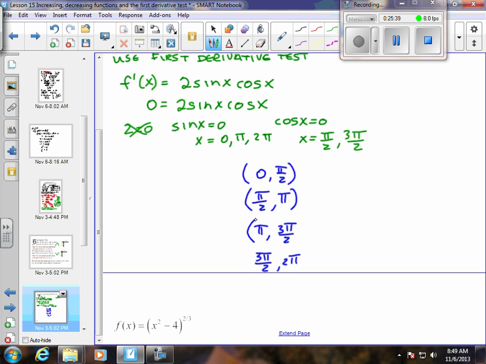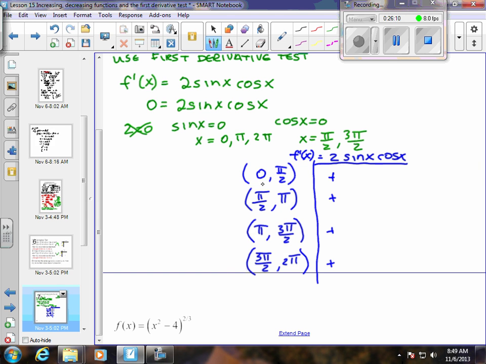And in my little chart, I need to examine the derivative. So on top here, I put the factors of the derivative because they're easier to quickly analyze. So 2 is always positive, no matter what.